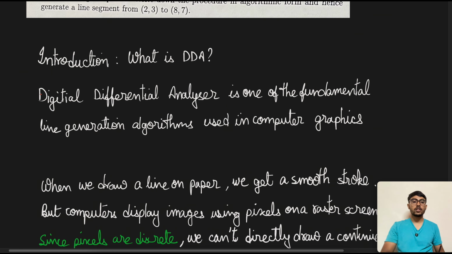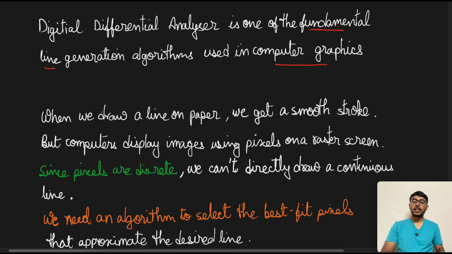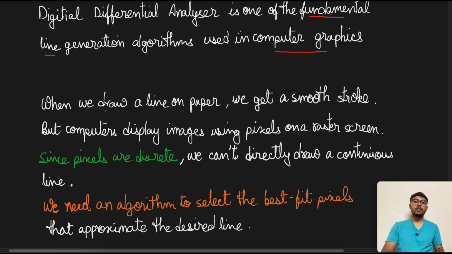So as introduction, DDA is Digital Differential Analyzer and is one of the most fundamental line generation algorithms used in computer graphics, right? So one thing which we can recall is when we draw a line on paper, we have a smooth stroke, correct? But for computers, displaying images is via pixels, right?